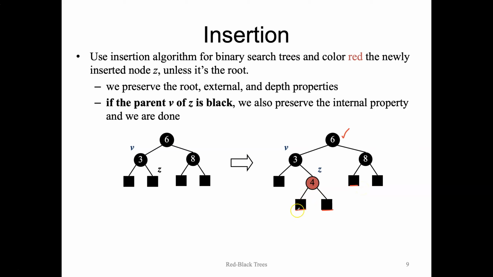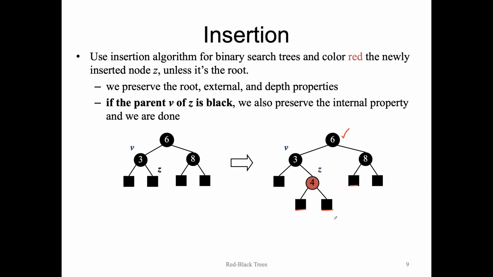So this leaf still has the same black depth as what it had before, because we only added a new red node in between. So for example, in this tree, we inserted our new red node 4 here, and we have, as a result, still a valid red-black binary search tree.